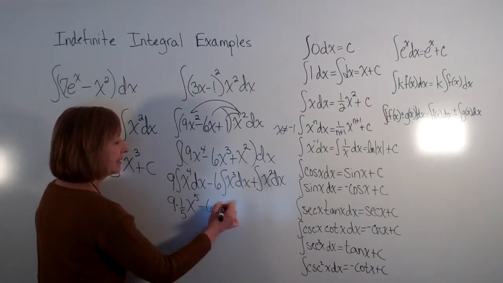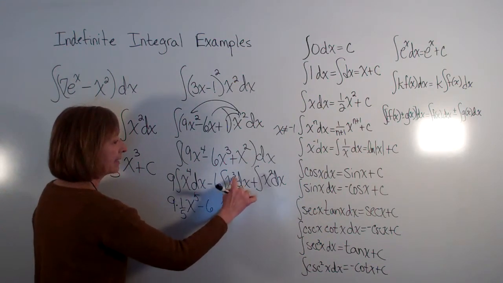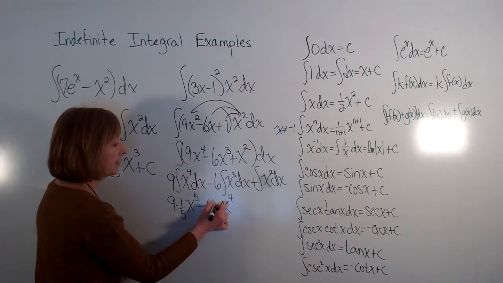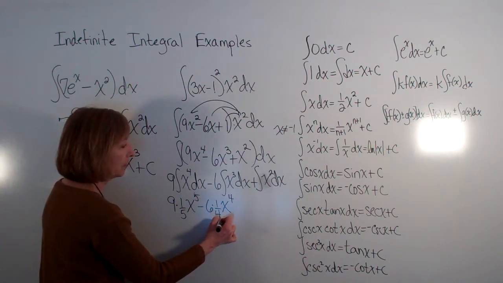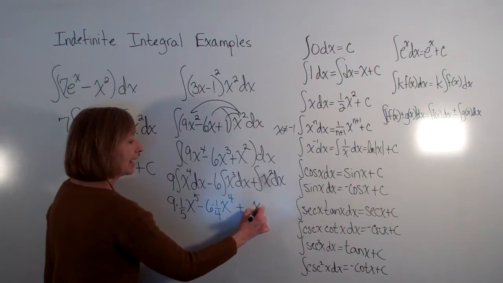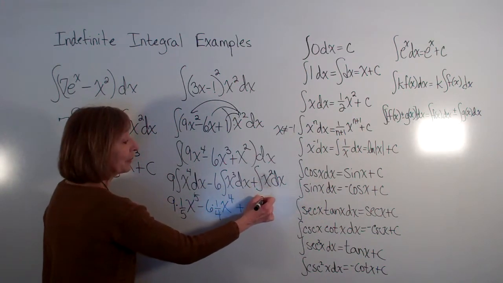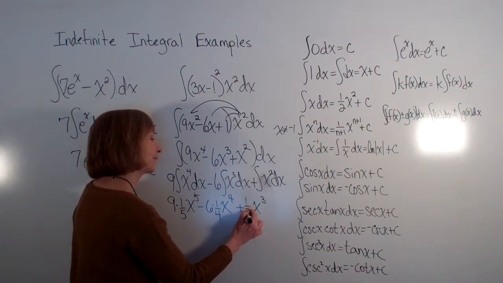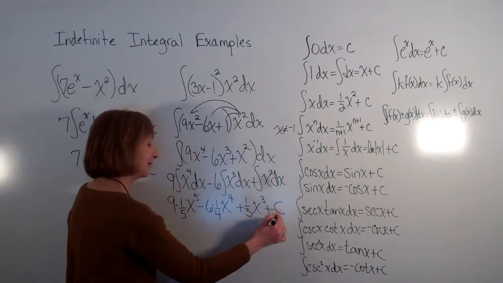Minus 6 times, we'll keep that base x, add 1 to 3, that's 4, divide by 4 is the same as multiplying by 1/4, and then plus, keep the base x, add 1 to 2, that's 3, divide by 3 is the same as multiplying by 1/3, and then plus c.